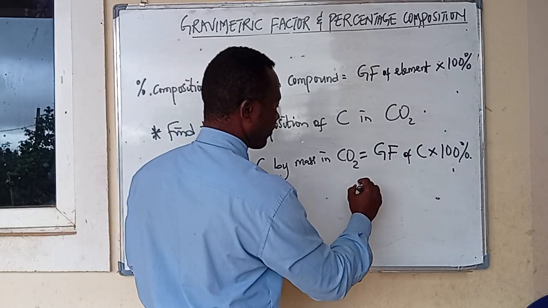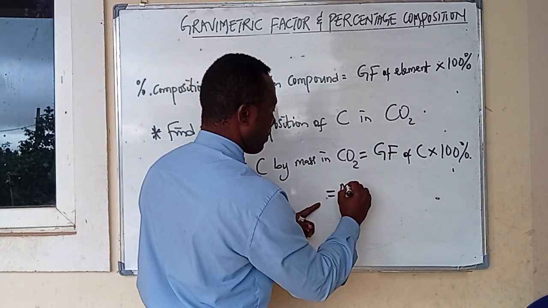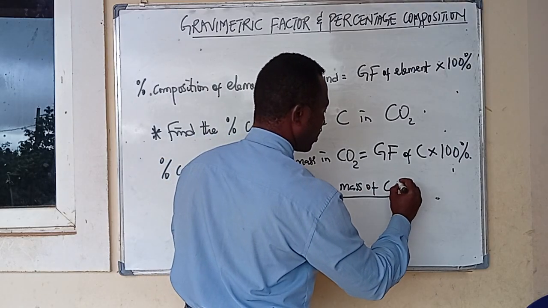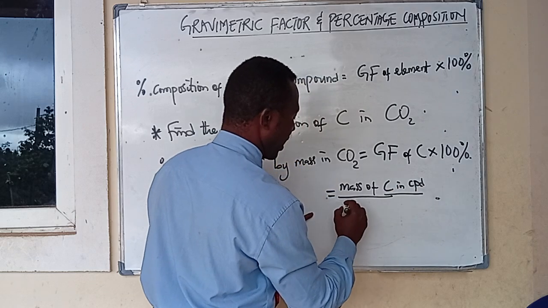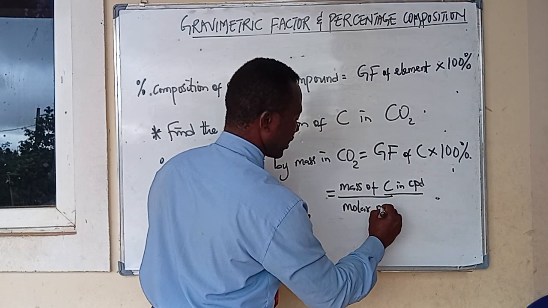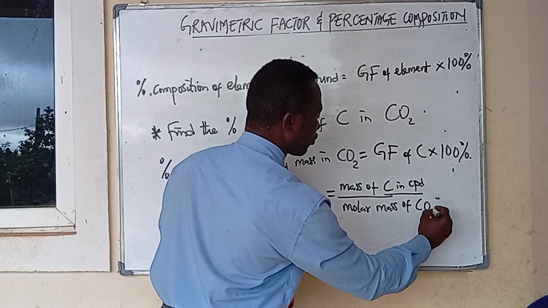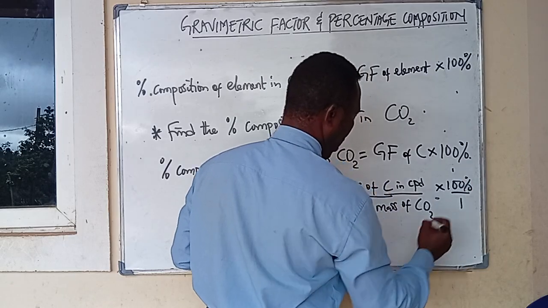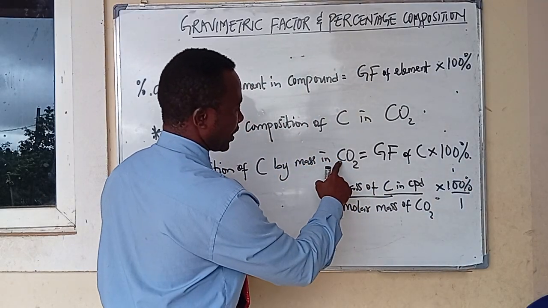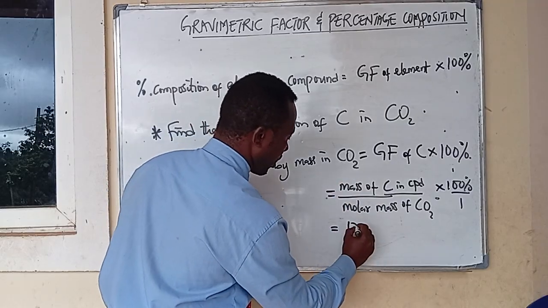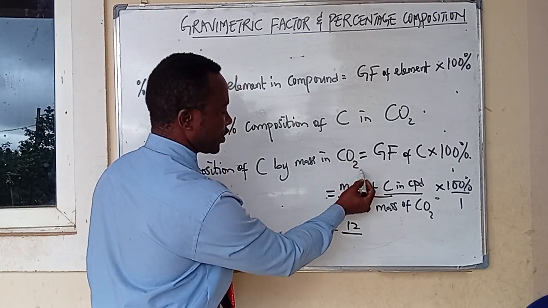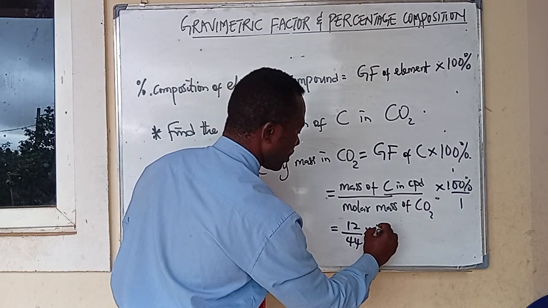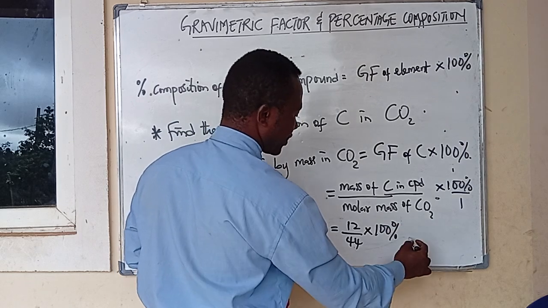Remember, the gravimetric factor of carbon is mass of carbon in compound divided by molar mass of CO2, because CO2 is the compound, then times 100% over 1. How many carbon is in CO2? 1, which is 12, over the molar mass of CO2, which we've got to be 44. Everything multiplied by 100%. That is how to get it.